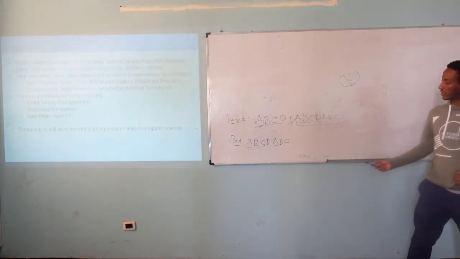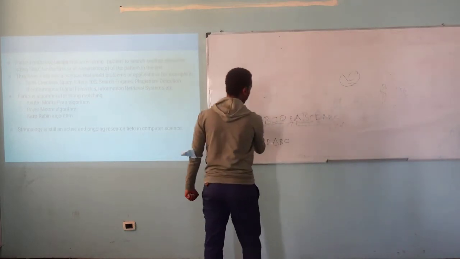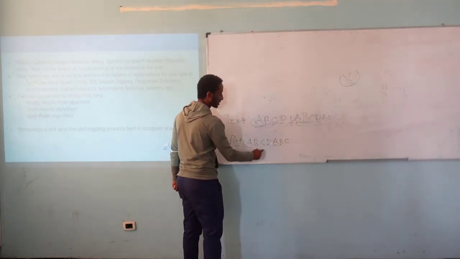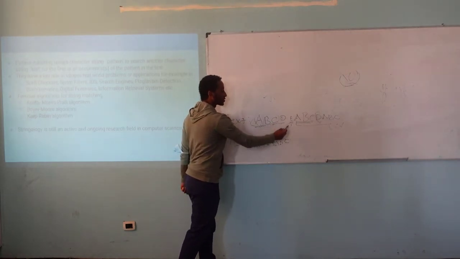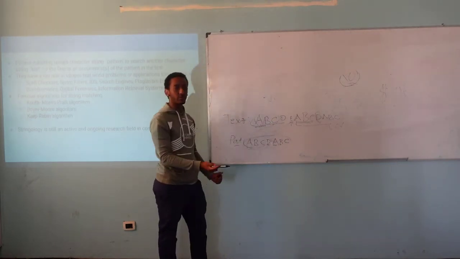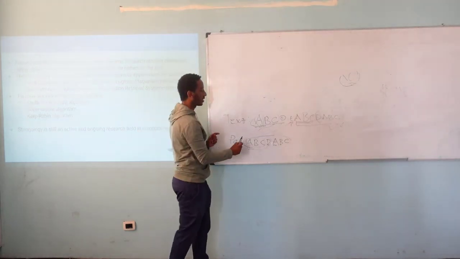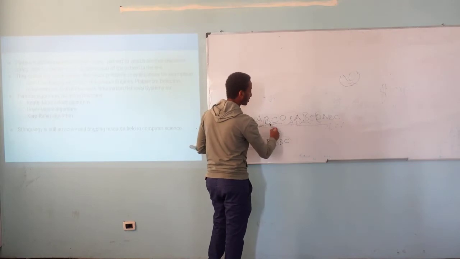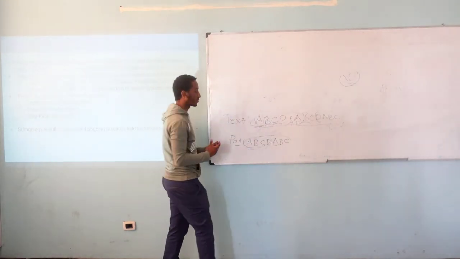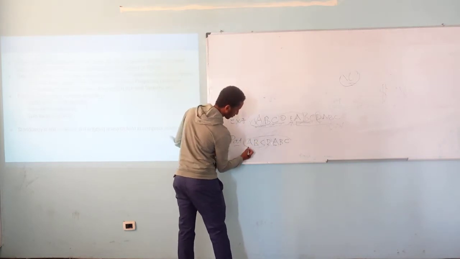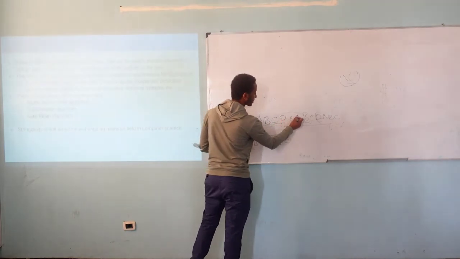For example, to match these two characters, it will hash this value and this value as a start, maybe the entire value, and it will try to match their hash values. And if they aren't equal, it will move one character and calculate another hash and try to match. For example, we have 1, 2, 3, 4, 5, 6, 7.